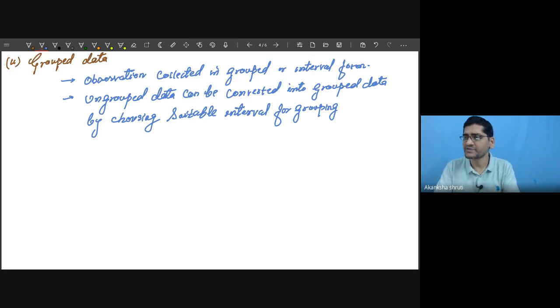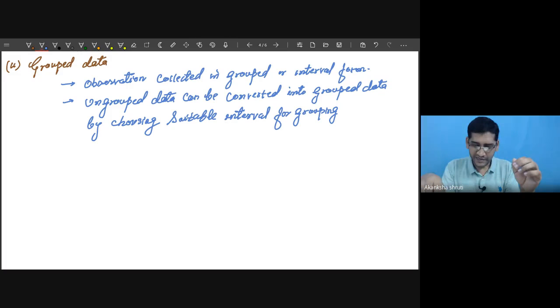Though this grouping gives slight approximation or slight deviation from the exact value, still that is reasonably acceptable. So we have to choose the suitable interval for the grouping.